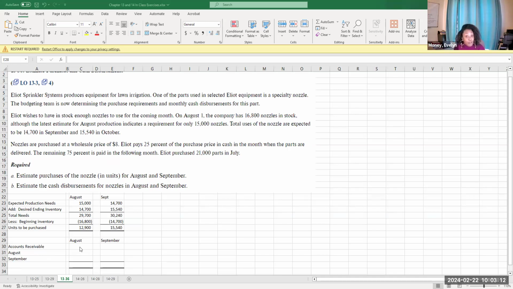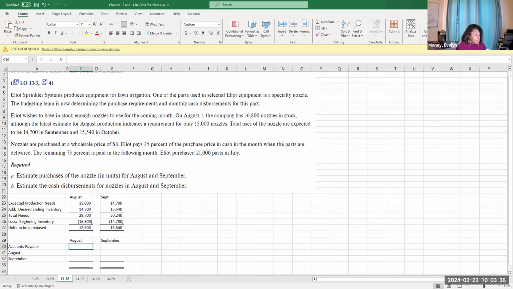Now, August, since this is my first month, I have to take into consideration accounts. I put in here accounts receivable. It's supposed to be accounts payable. I'm all flipped around. It should be accounts payable. And that comes from what I purchased in July. So I purchased 21,000 parts in July.